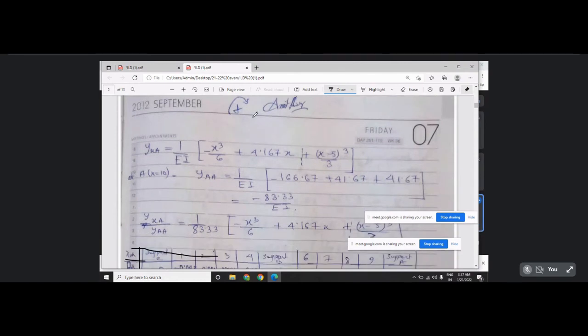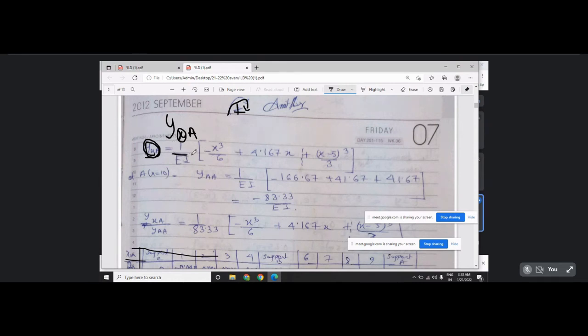Actually we are considering that clockwise moment is positive. So at any position, the deflection y at x, I have told that at a position, if the load is applied at a and deflection at x, it will be 1 by EI.